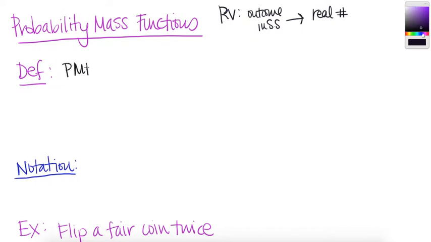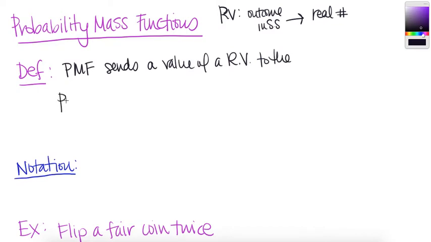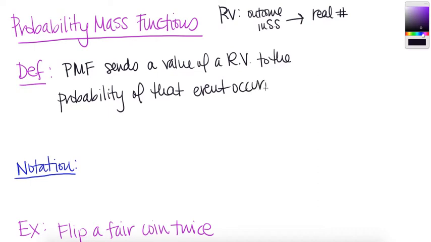So a probability mass function sends a value of a random variable to the probability of that event occurring.